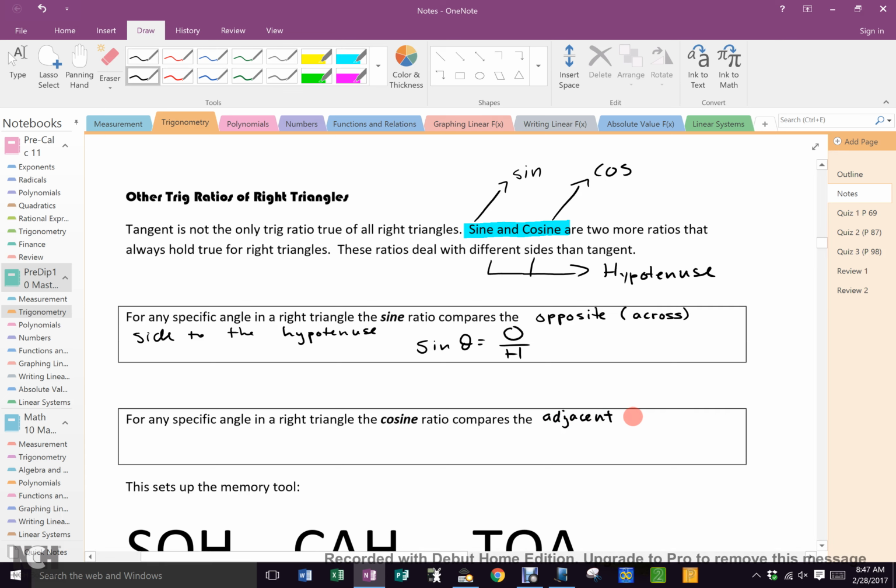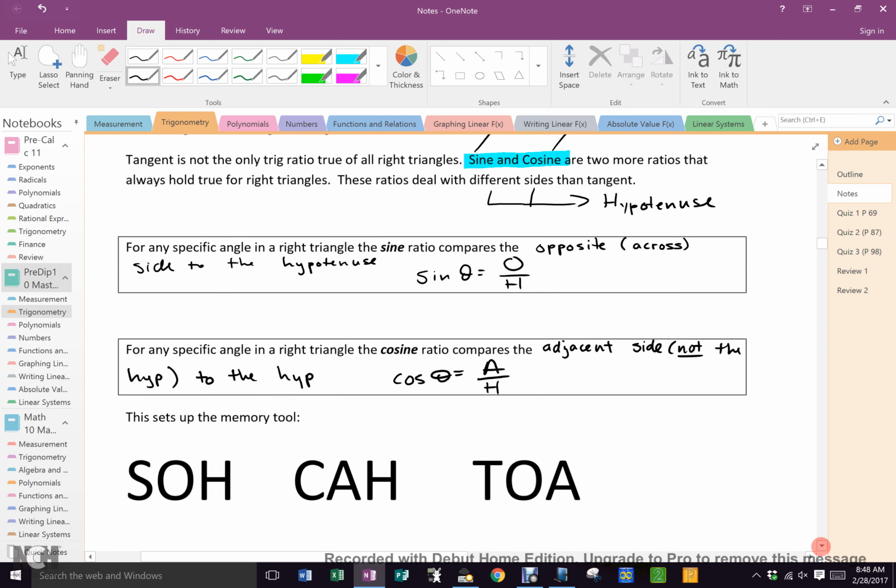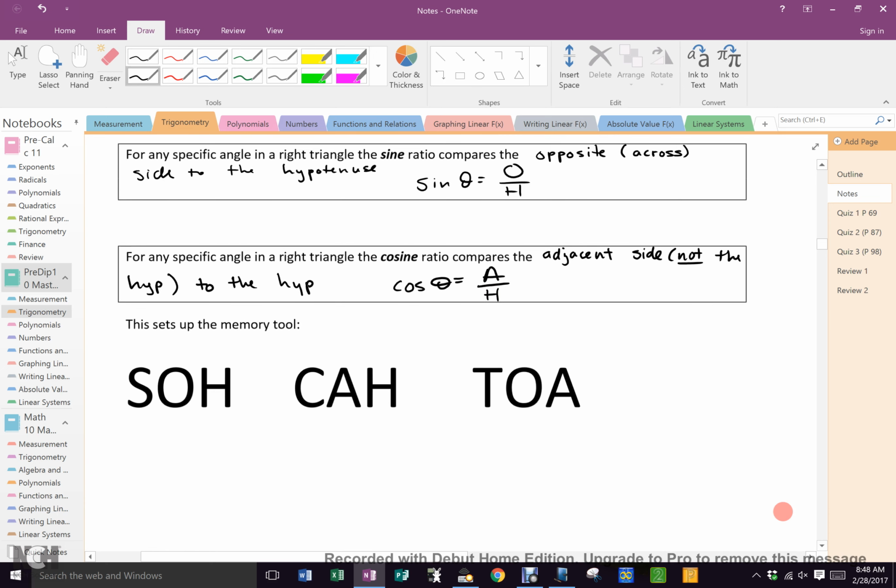So the adjacent, not across, the adjacent side, but not the hypotenuse, the adjacent side to the hypotenuse, which gives us this. Cos theta equals A over H, which then gives you this little mnemonic device, which is pronounced SOHCAHTOA.